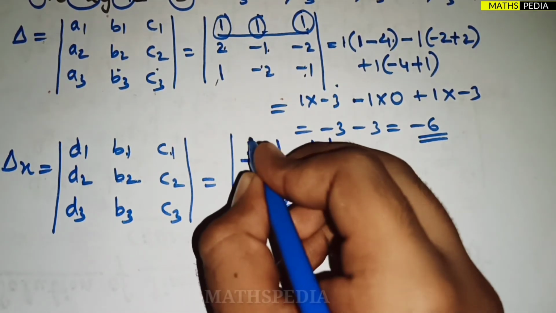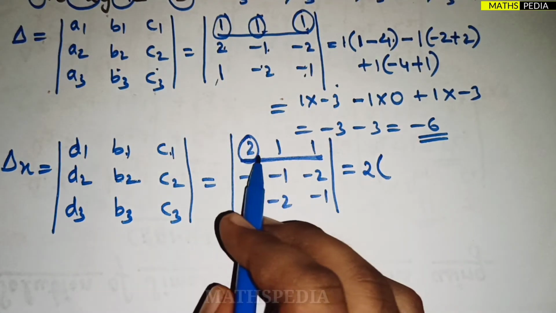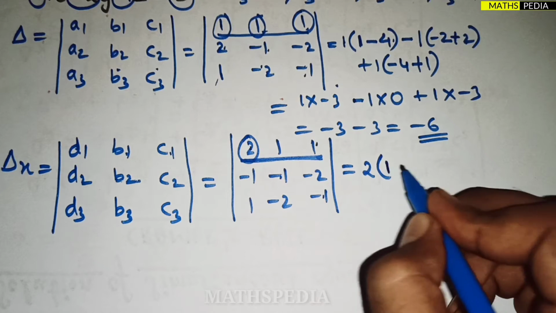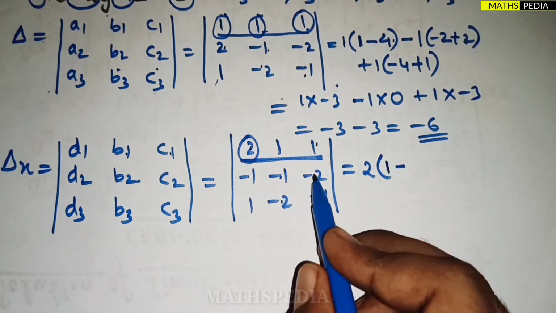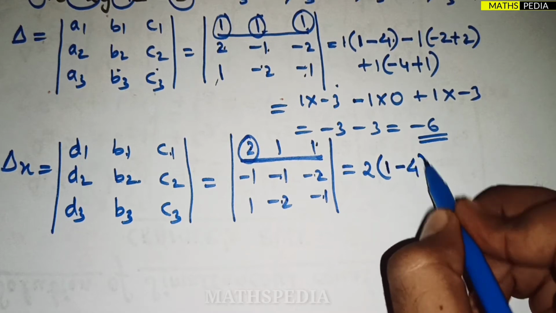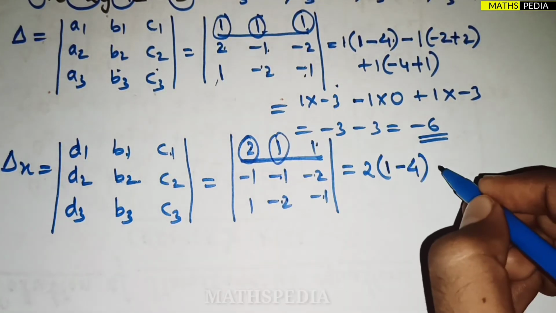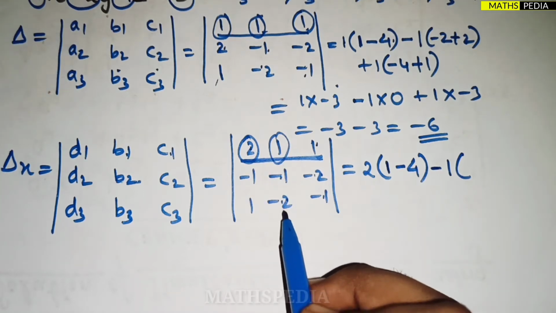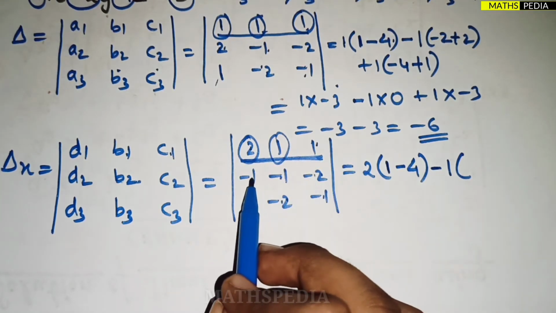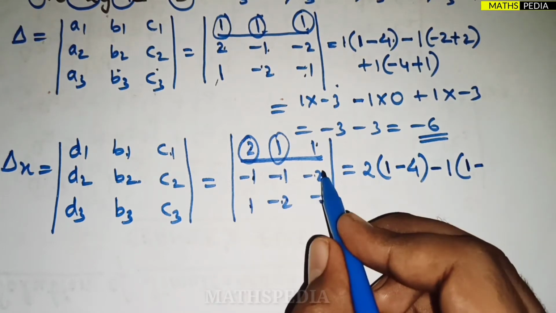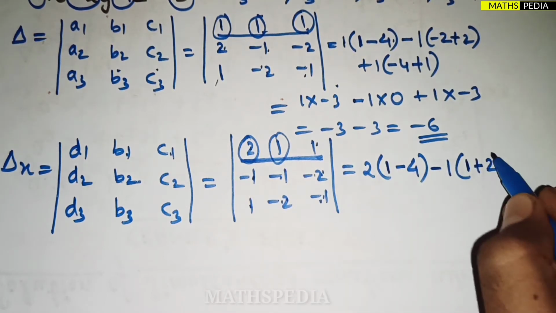So 2 into the first element, ignore this row and column, so minus 1 into minus 1 plus 1 minus, so minus 2 into minus 2 is plus 4, so 4 again. Second element, you have to put minus first, so minus 1 into, ignore this column and row, so minus 1 into minus 1 plus 1, minus 1 into minus 2 is minus 2, so plus 2.